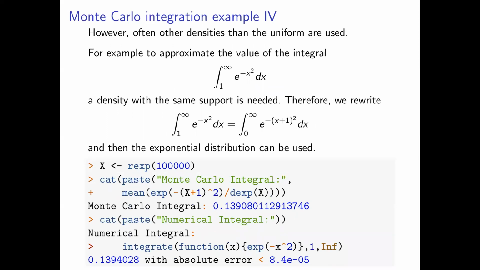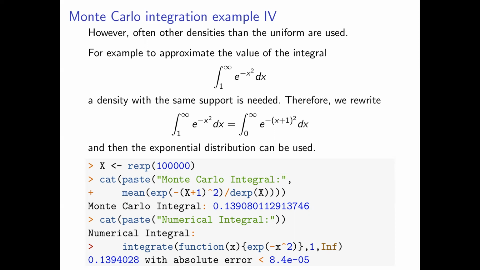What happens if we do not use the uniform density as our density for generating these values x? We try to approximate the integral of e to the power of minus x squared, integrated from 1 to infinity.